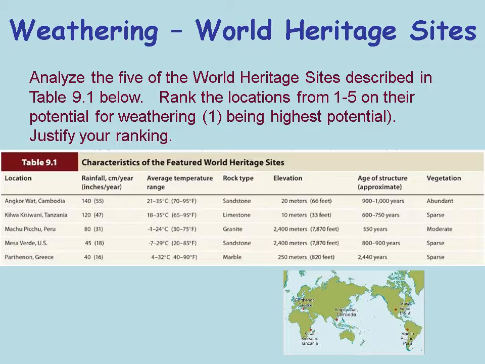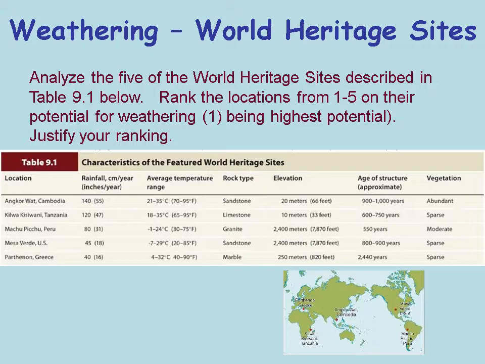Mesa Verde in the U.S. is in a desert area, so not much vegetation. It's not in the tropics, so it's not going to have near as much weathering as some of the others. In Parthenon, Greece, the problem with that is it's made of marble, and marble is highly susceptible to chemical weathering, and there's potential for acid rain and pollution in the city of Athens, Greece.